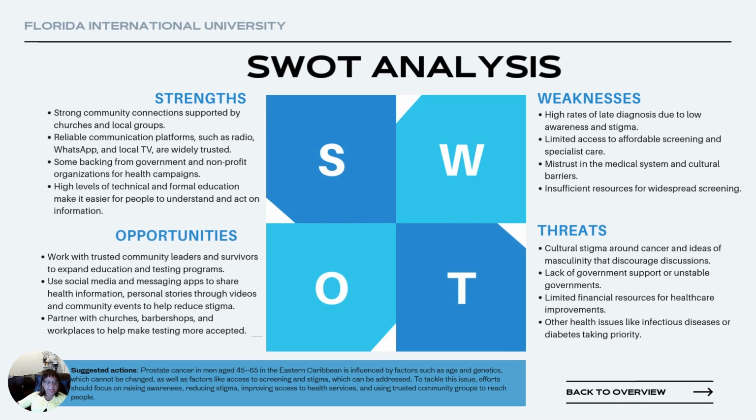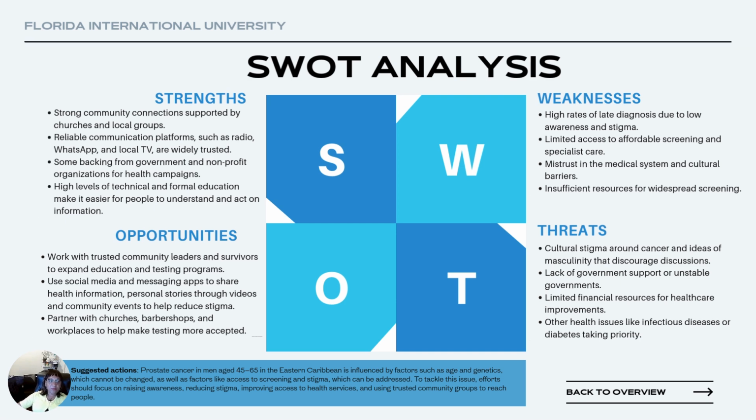Before I get into the community engagement strategies and the prevention and mitigation plan, I just want to cover a little bit about, here is a SWOT analysis, and here we see the strengths, the opportunities, the weaknesses, and the threats, of prostate cancer, for men, I would say 45 to 65 in the Caribbean.